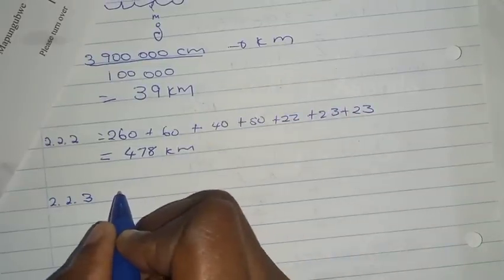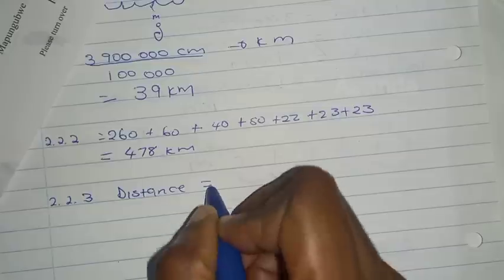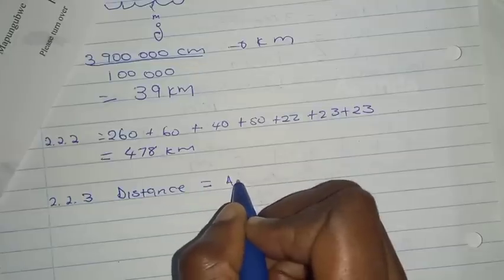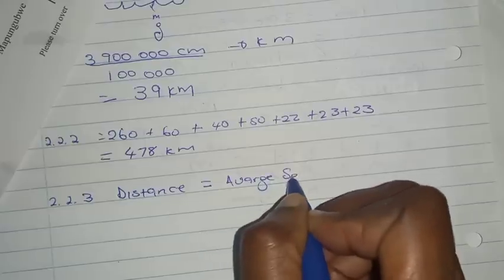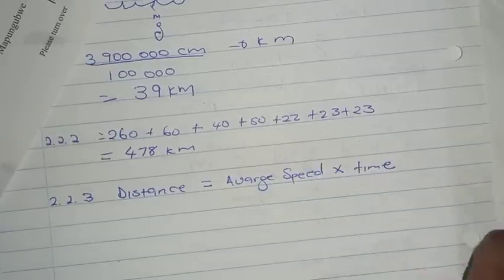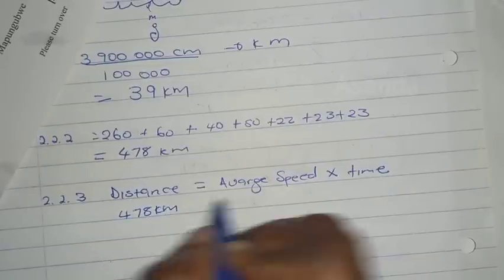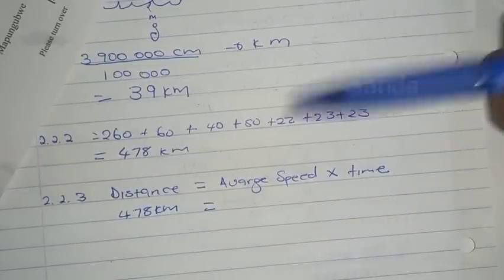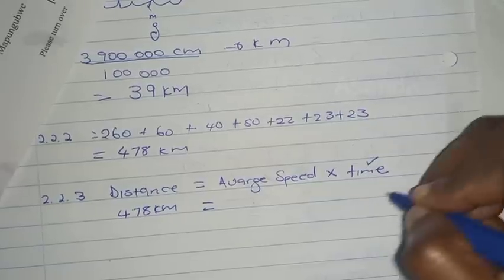So I'm going to use the formula distance. They've given us a set distance is equal to average speed times time. Okay, so the distance is 478 kilometers. Remember, always identify your unknown first. I'm looking for time. I've chosen to calculate time.